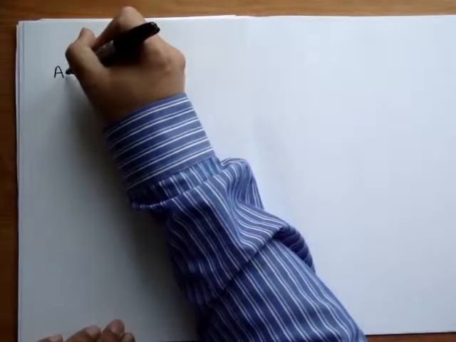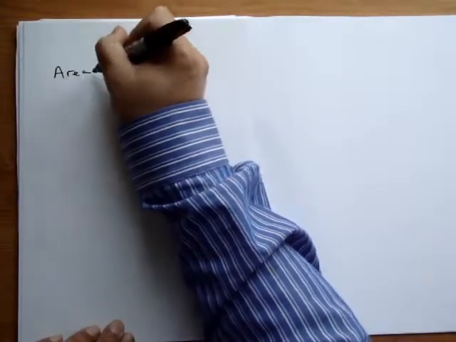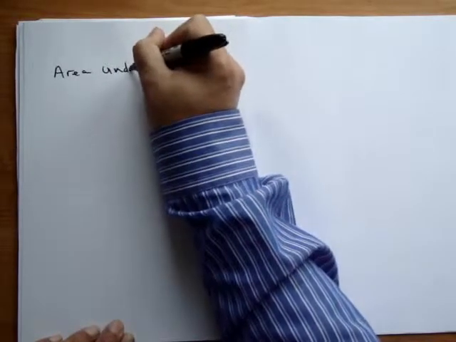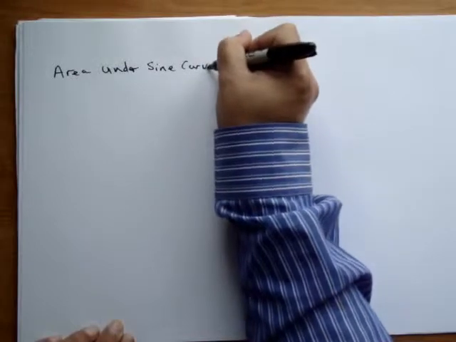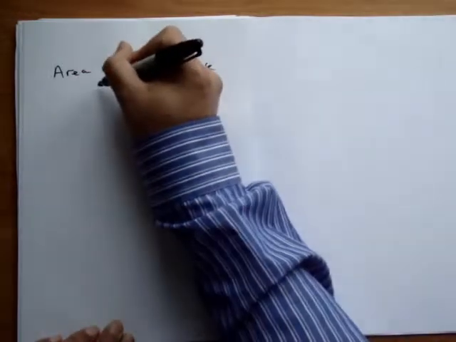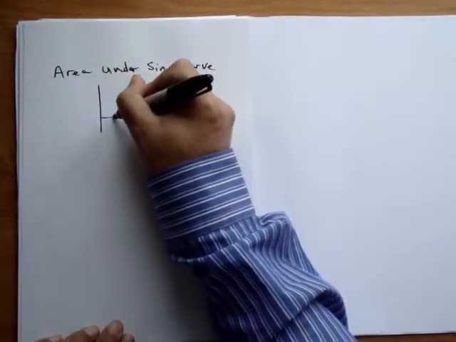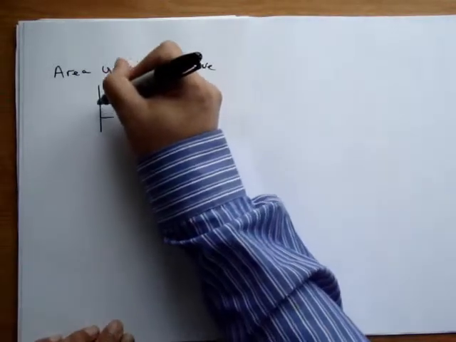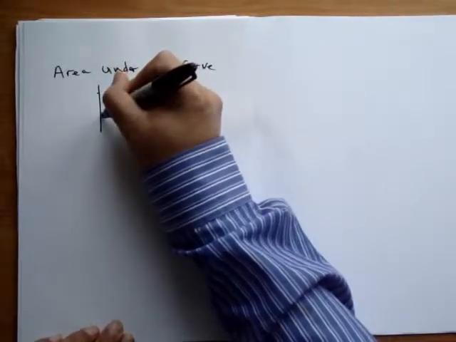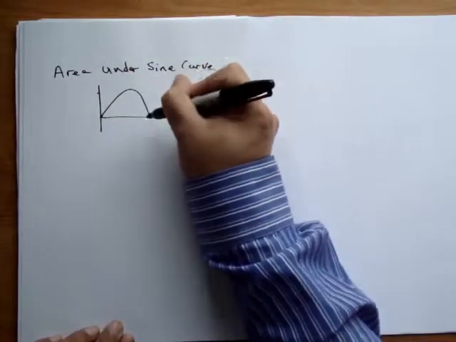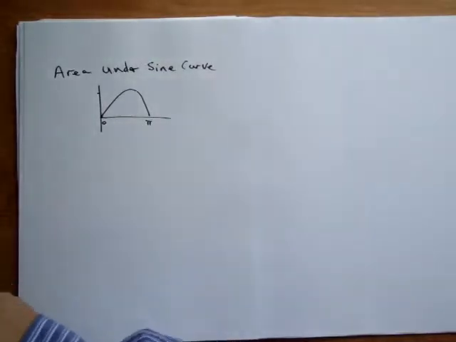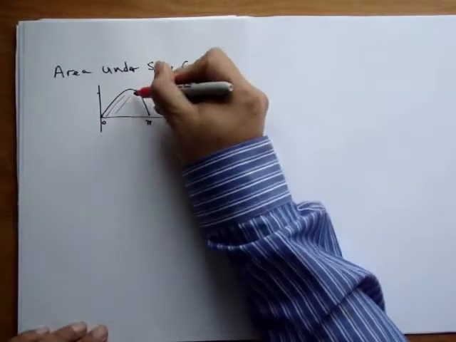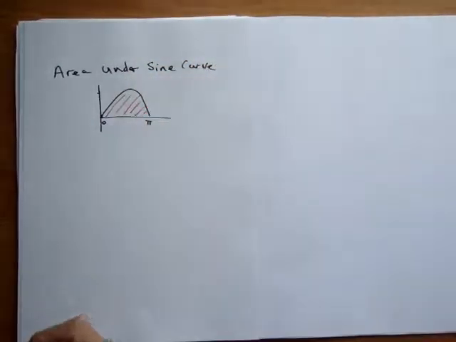Just as a matter of interest, let's have a look at the area under a sine curve. So we know that when we have the sine curve like this, it goes up to 1 and it goes up around like that, and we have 0 here and pi there, and we're interested in this area here.